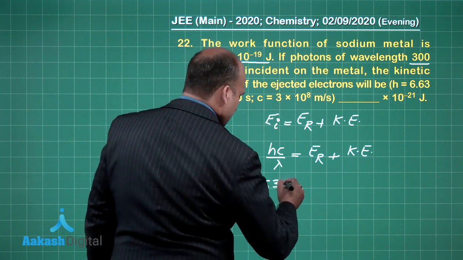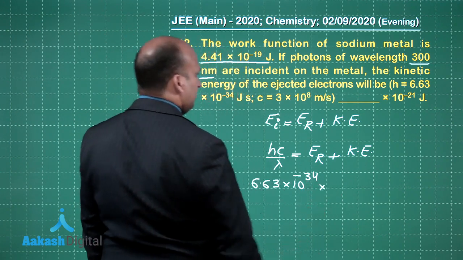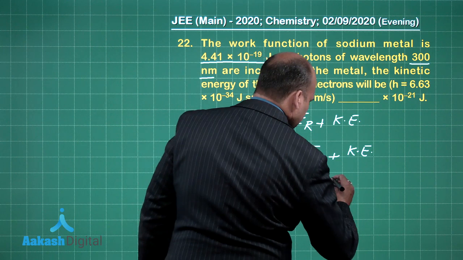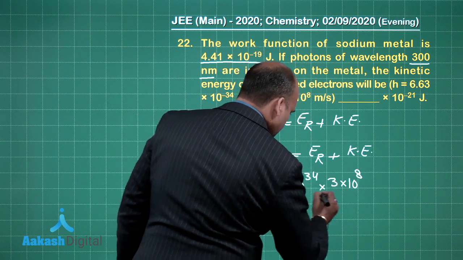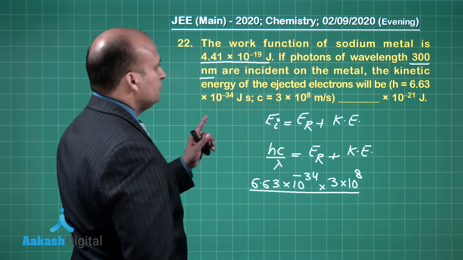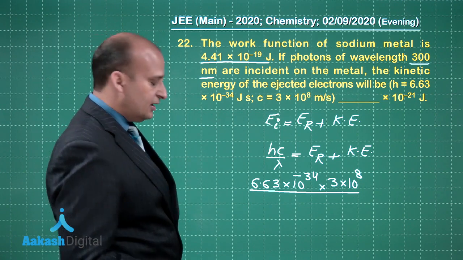6.63 into 10 raised to power minus 34 multiplied by the value of C, which is 3 into 10 raised to power 8, divided by 300 nanometers, that is 300 into 10 raised to power minus 9.